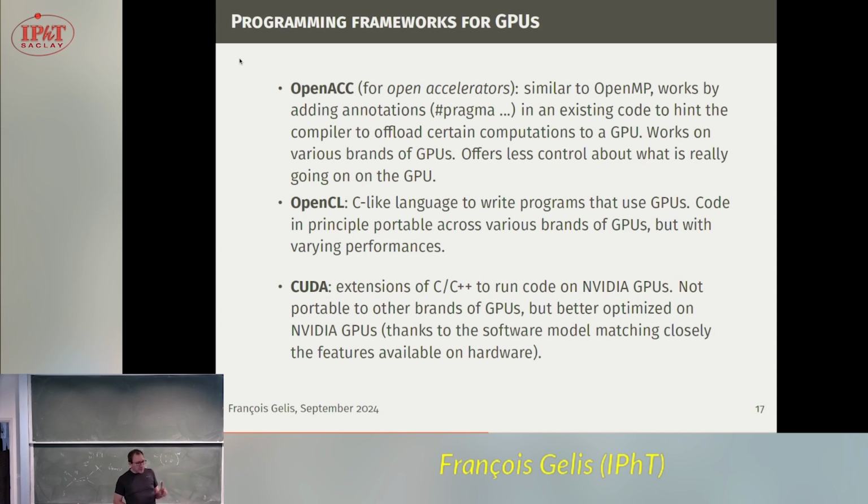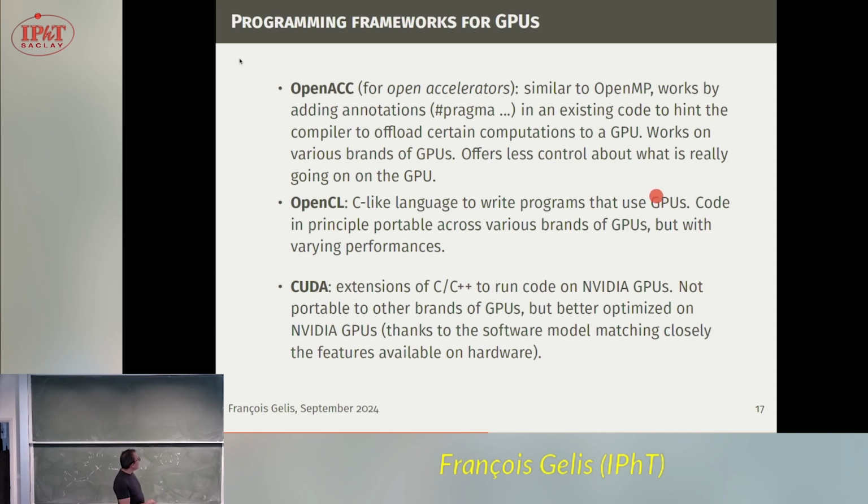But what this means is that they will run, but probably not optimally, in the sense that because it's more generic, it knows less about the specificities of the hardware it's running on, and therefore it's not optimized for a given hardware.